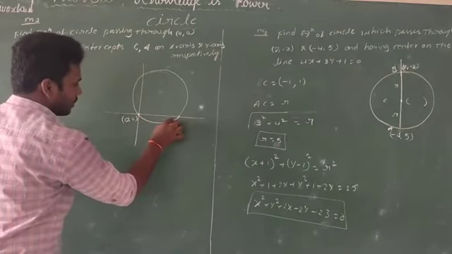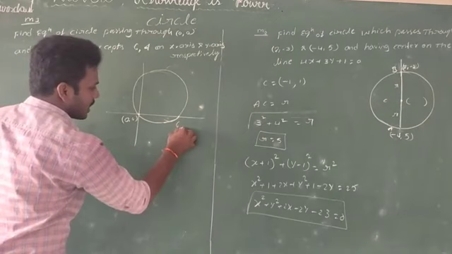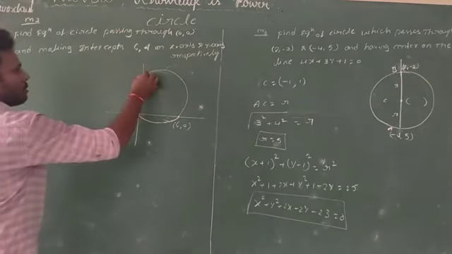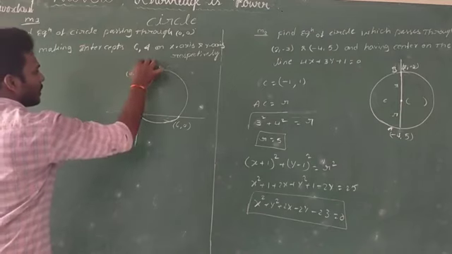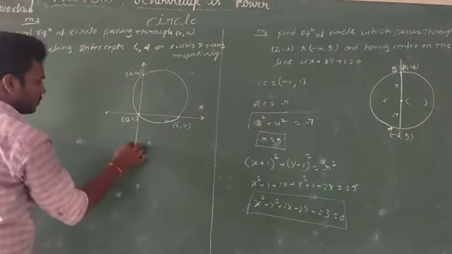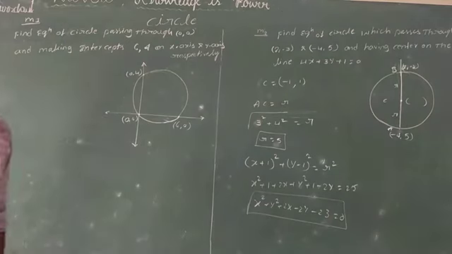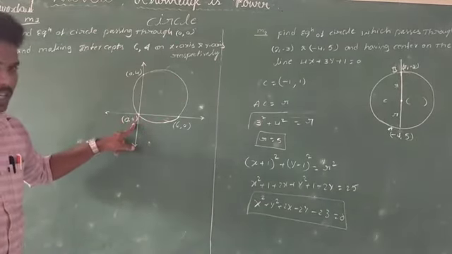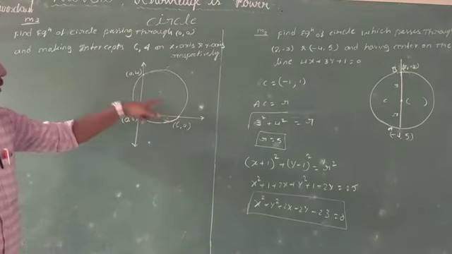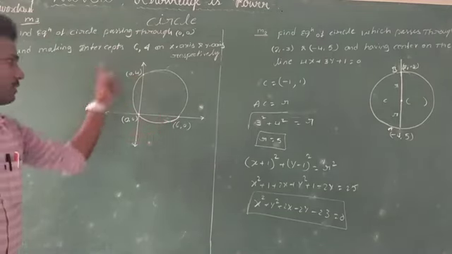The x-intercept is the point 6 comma 0, and it intercepts the y-axis at the point 0 comma 4. I can write it in diagrammatic form. We need to find the equation of the circle passing through the origin, with x-intercept 6 and y-intercept 4.